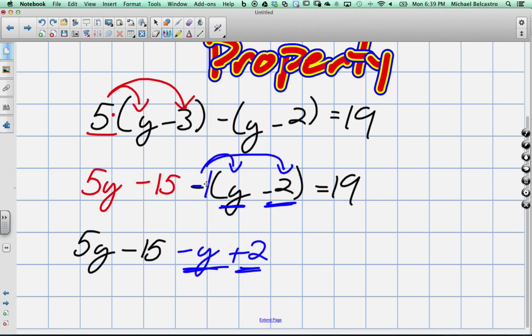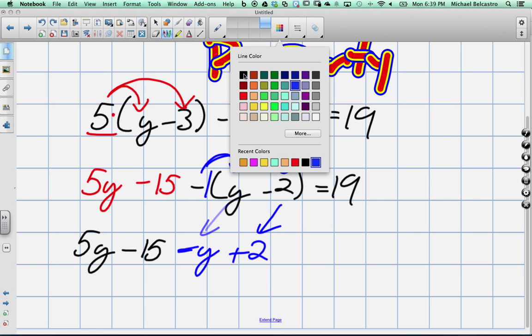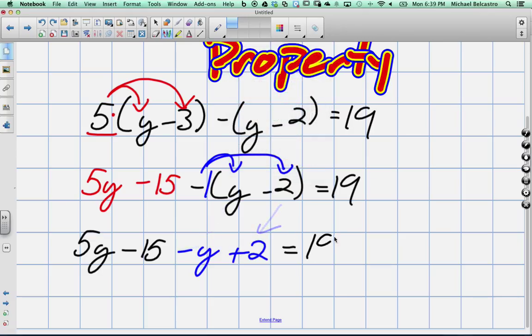All we got to do is remember our negative and positive rules. Technically with a negative, a really easy way of thinking of it, if there's no number there, whatever was in here before flips. So because this was positive and this was negative, this became negative and this became positive. That's like a really easy way to use if there's a negative in front of a bracket, okay? And then still it's all equal to 19, okay?